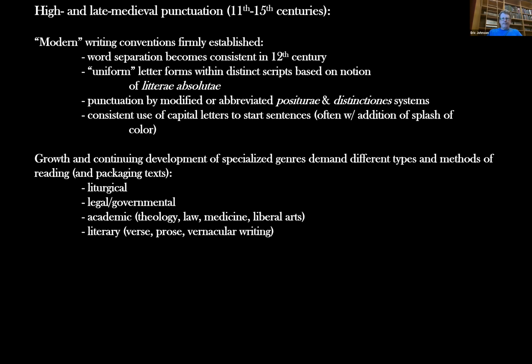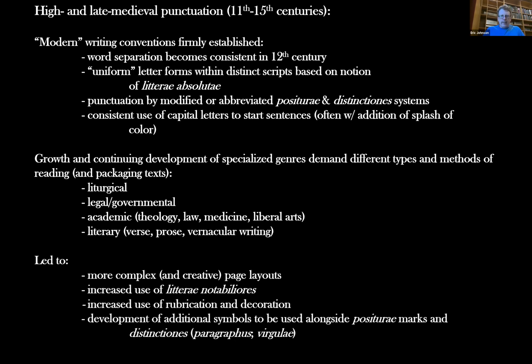All of this led to more complex and creative page layouts, because we do have a slight, as I mentioned before, devolution back into the use of modified positurae and distinctiones systems. So we start to see refinement and adaptation and appropriation of those earlier insular grammar of legibility forms.